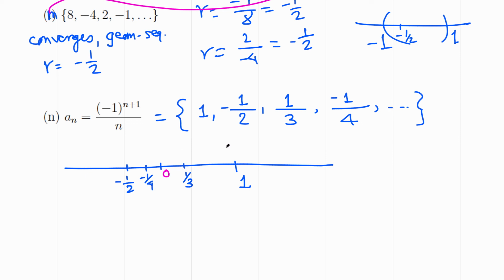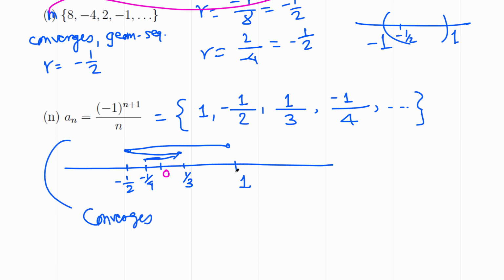So these numbers are first, second, third, fourth, fifth, and they are in fact decreasing towards 0. So this sequence converges.